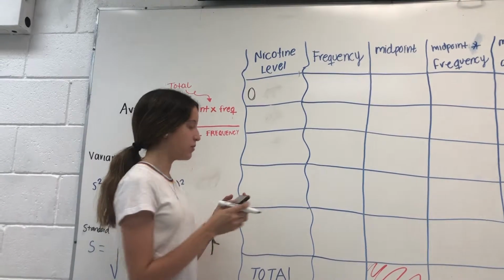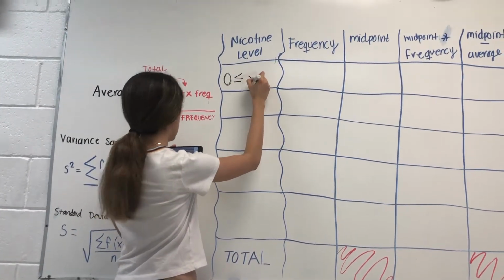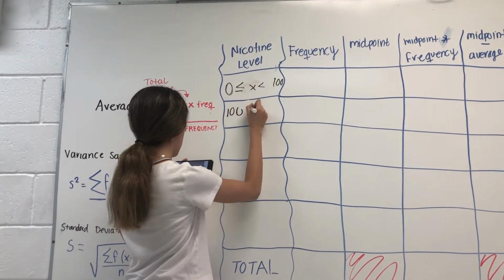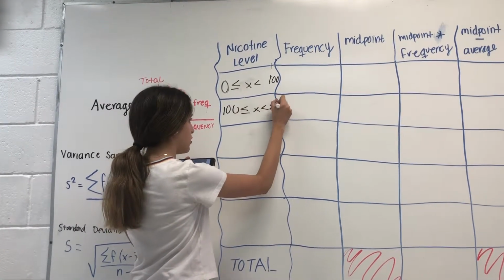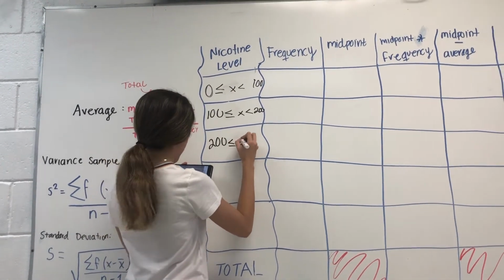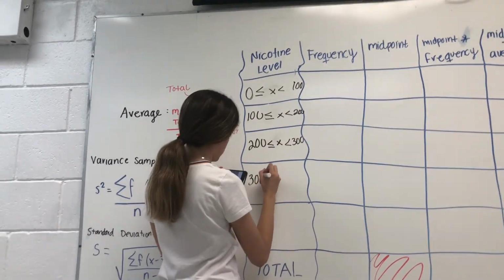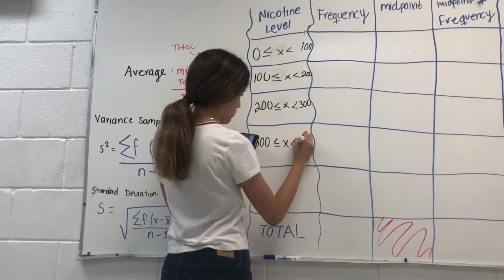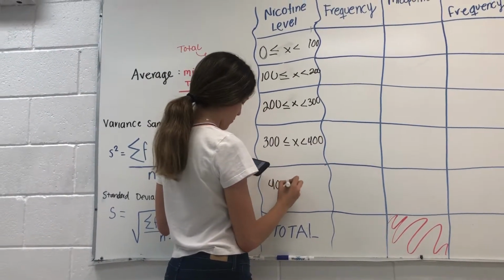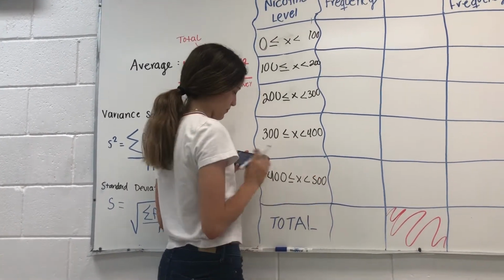From the given information, we know that we have intervals from 0 to 100, then 100 to 200, 200 to 300, and in between we have 400, and for 400, 500.